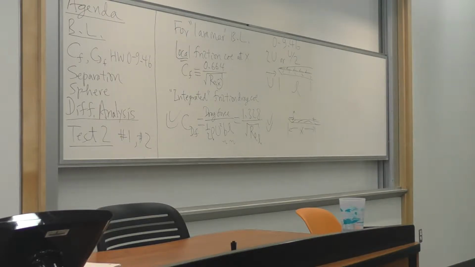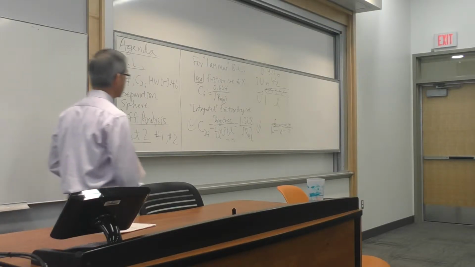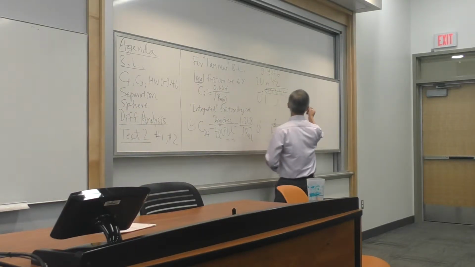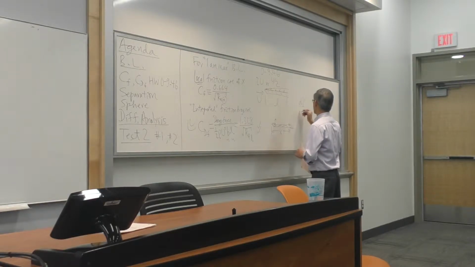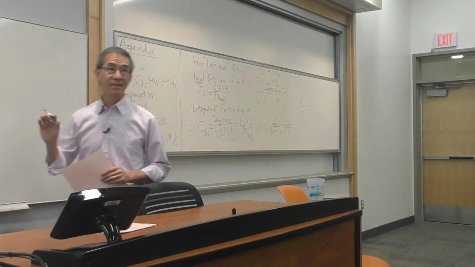Other questions before I touch on this concept of separation? So for separation, the takeaway, the thing I want you to remember the most, is this so-called pressure gradient. The equation on the right, and I almost missed that detail, in addition for laminar boundary layer, had another very severe constraint: there's no pressure gradient imposed on this boundary layer on the plate.